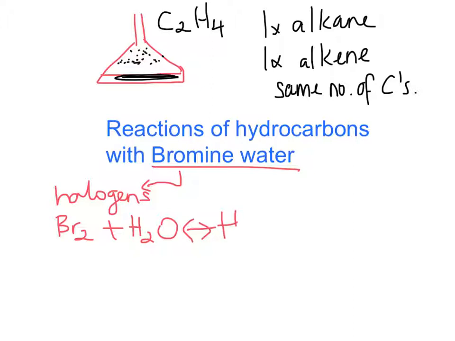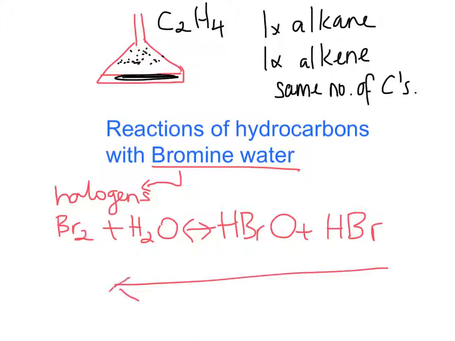So what will happen is you will get different products. However, you need to remember this reaction is heavily focused to the left, which means that whilst you will have these products in your conical flask or in your test tube, there's not going to be a lot of them because this reaction prefers to sit like this with the diatomic bromine and water molecules on their own.